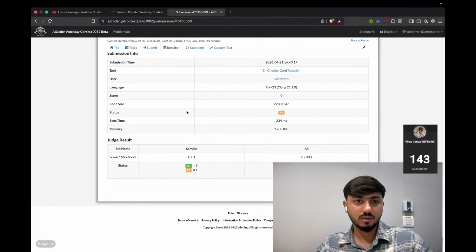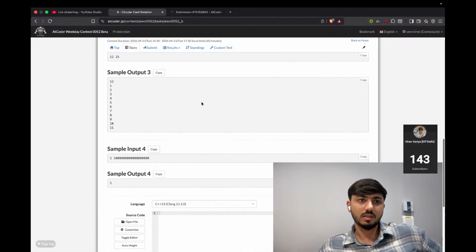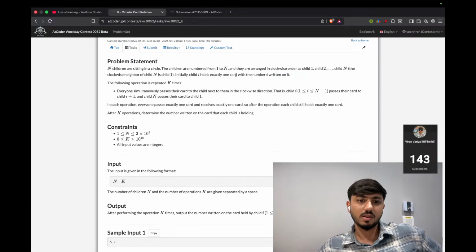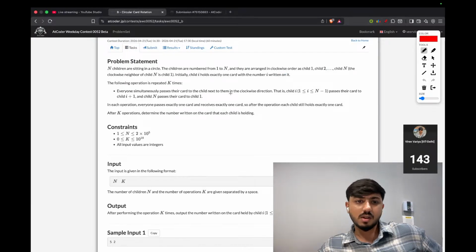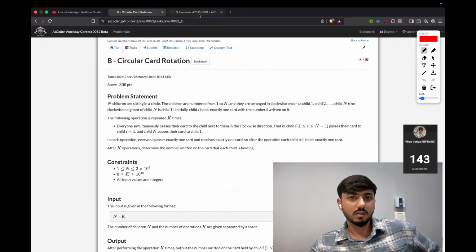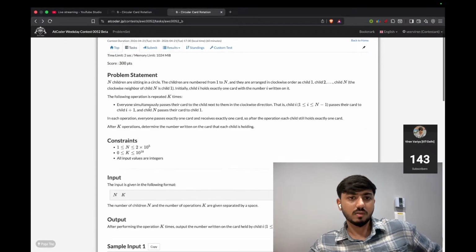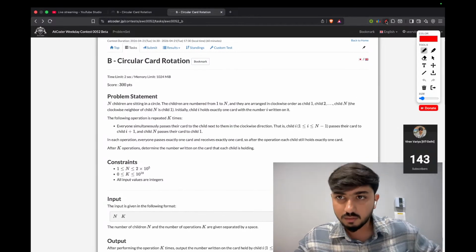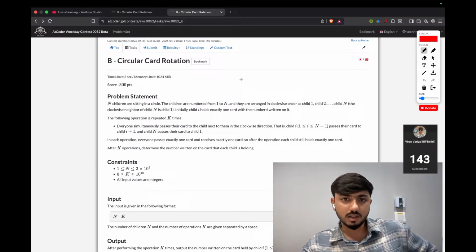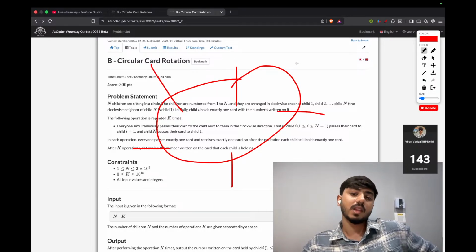See, we need to perform K operations. Where is my drawing? Oh, the drawing got wiped off. We have 1, 2, 3, 4, 5, right?